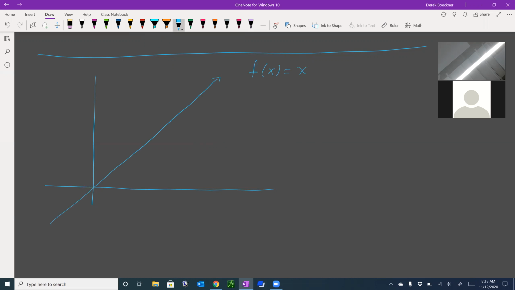So here's f of x equals x. And if I tell you to go from 0 to a, you're going to tell me, well, it's just a triangle, so I'm going to take 1/2 the base times the height, right? But let's not do it that way. Let's do it this way. So we already know by geometry that if this is a and a, this is going to be a squared over 2 equals the area.